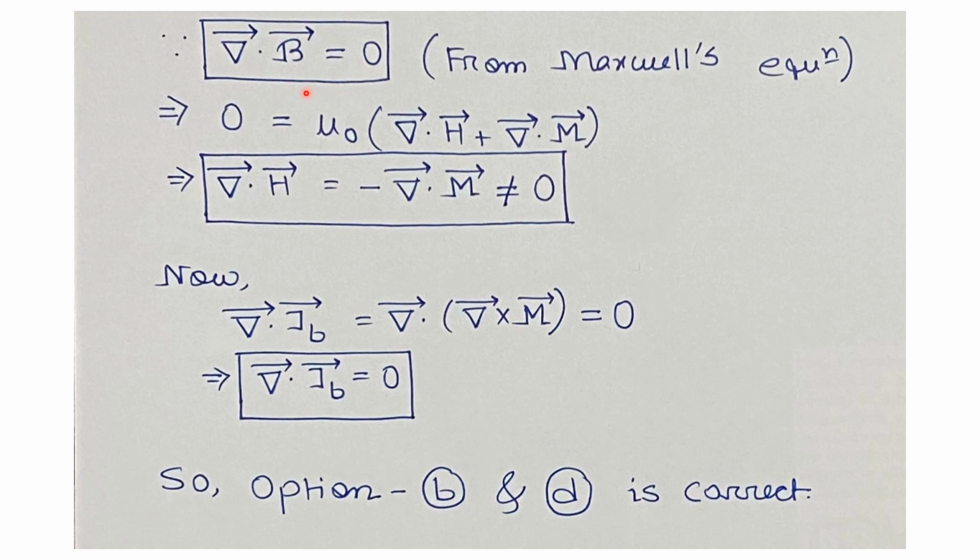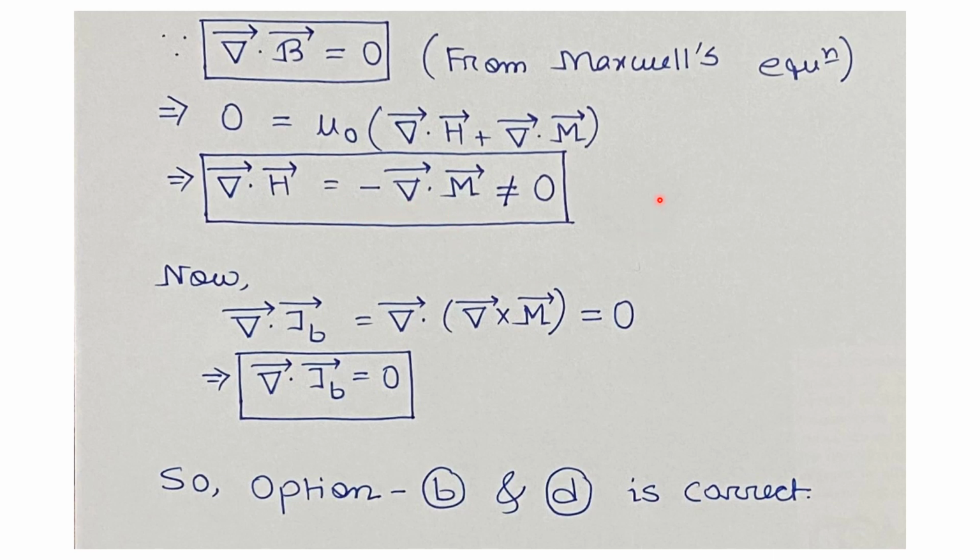For a magnetized material, this B vector is mu naught times H vector plus M vector. If we put that relation in the equation, then you will get mu naught times divergence of H plus divergence of M equals to 0. It will basically give divergence of H equals to minus divergence of M.